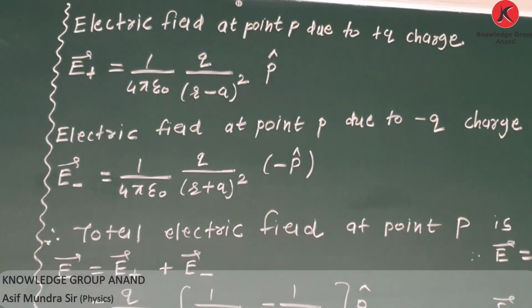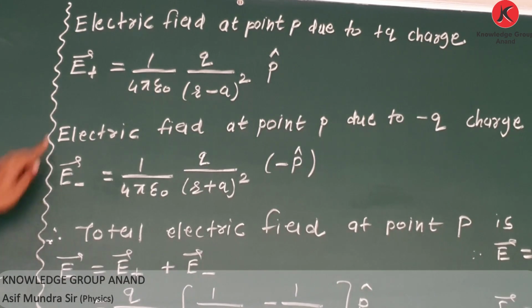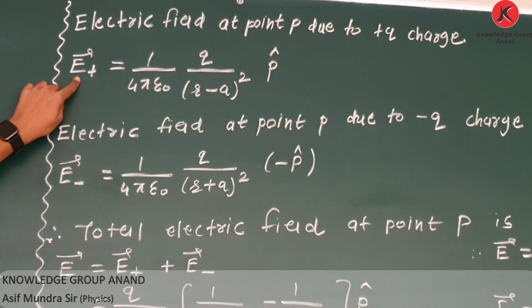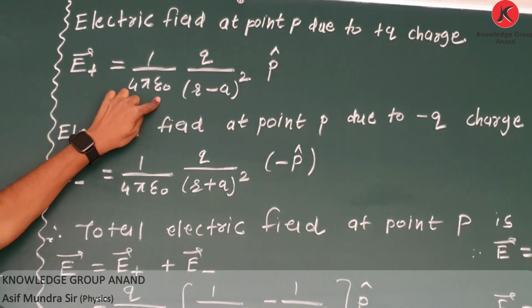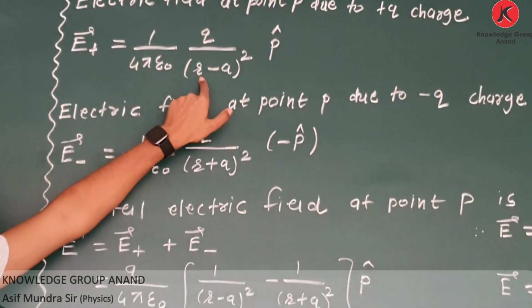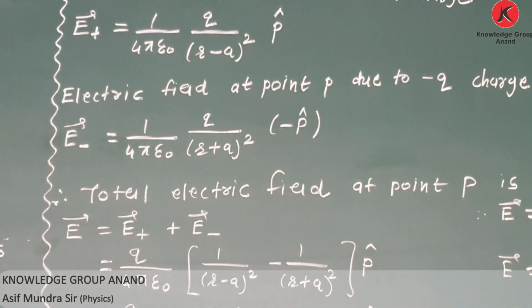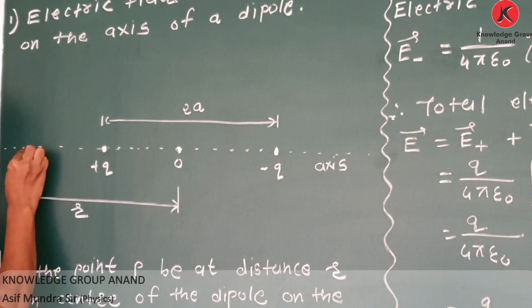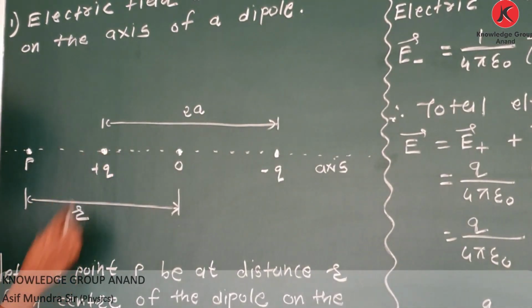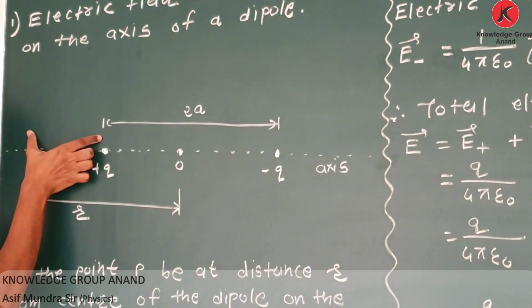Electric field is a vector quantity, so we will write magnitude and direction. E plus, due to the positive charge, plus q charge, is 1 upon 4 pi epsilon 0, Q, over distance squared. See in the figure how to find the distance. The distance of point P from the plus q charge means this distance.